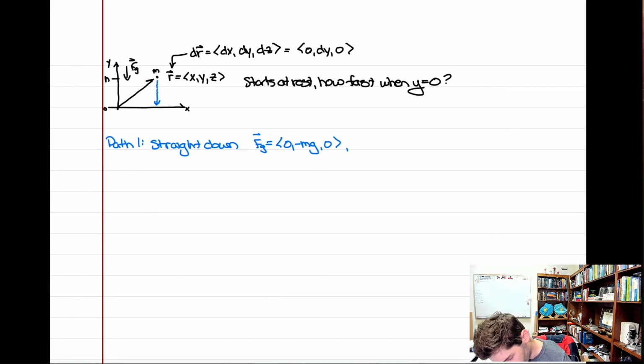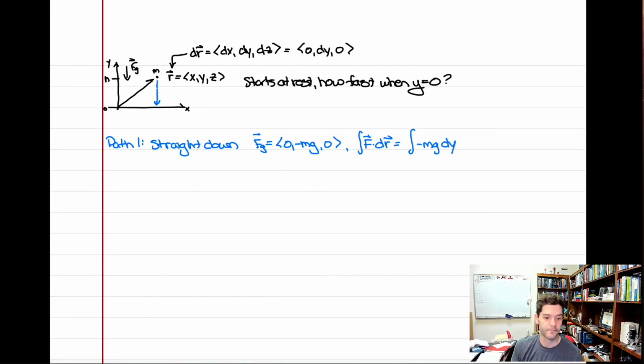So then if I want to evaluate the integral of F dotted dr, I can do that dot product, and it looks like the integral of negative mg dy, which is pretty simple. It's a constant function, so I don't have to worry about the exact values for x, y, and z. I just have to constitute what this path looks like.